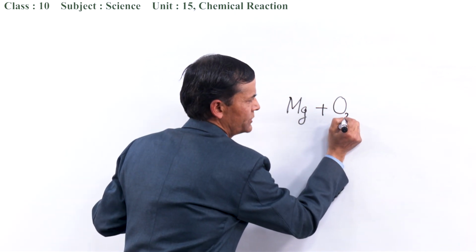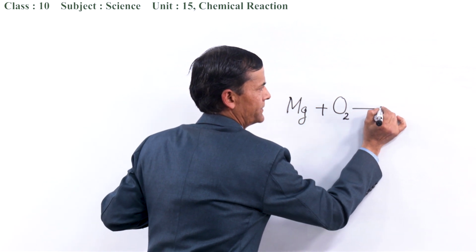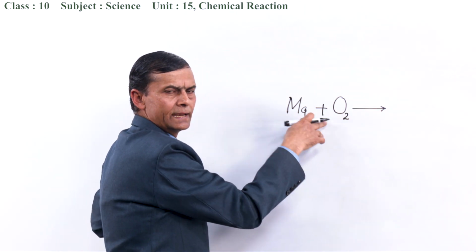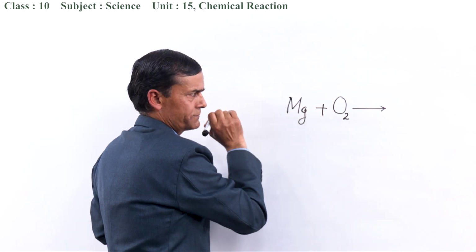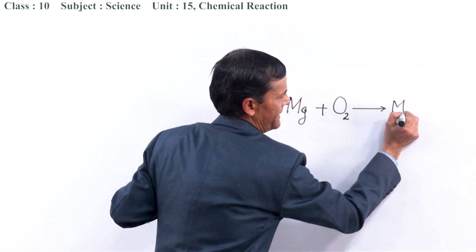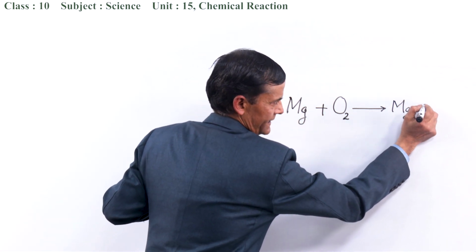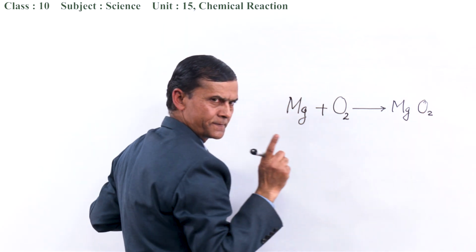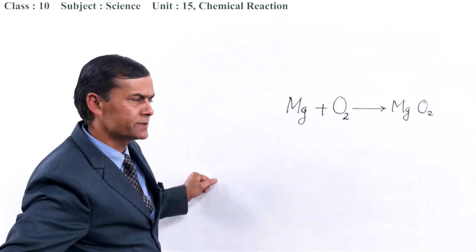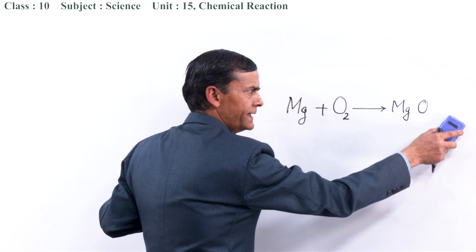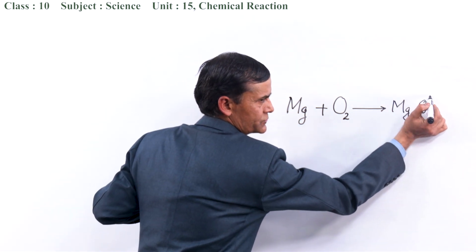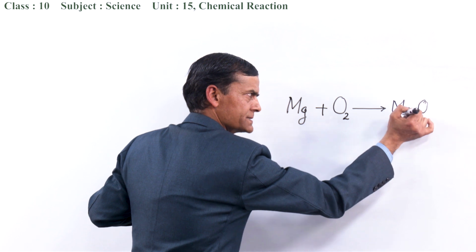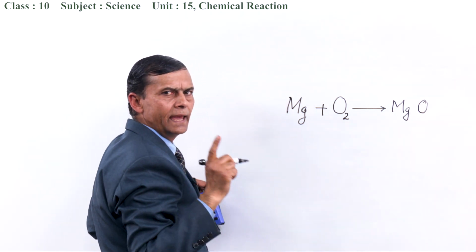We have to write O2 here because oxygen is diatomic form. We have to write diatomic form, and here is what will happen? MgO2. Is it correct? No, it is not correct. Then how to write? MgO, because magnesium valency is 2, oxygen valency is 2. So by crisscross method, its correct formula is MgO.